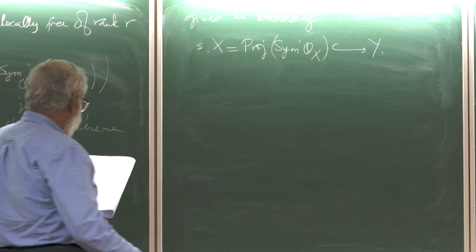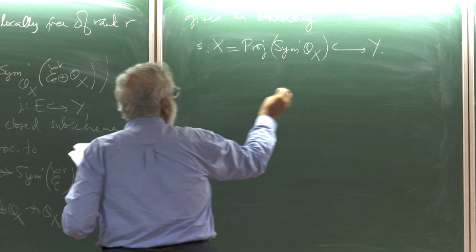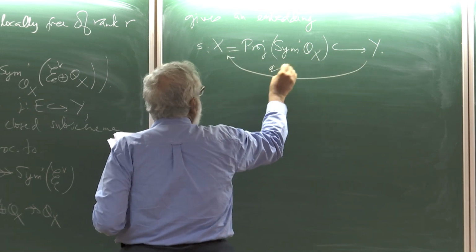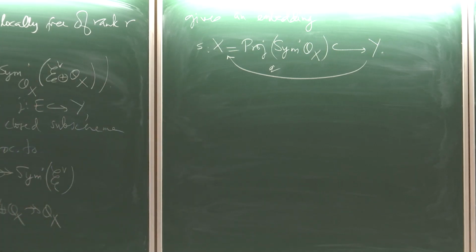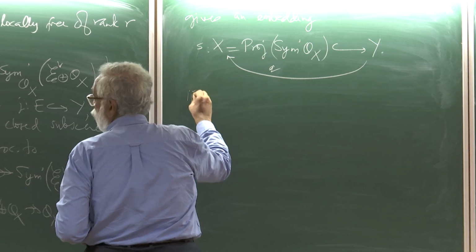Let's notice some other properties. So of course this is also a section in the sense that if I take Q, the composition is the identity. Right. And let's observe some other properties.